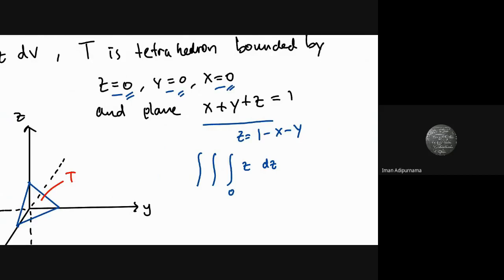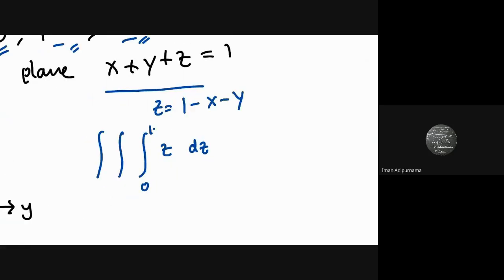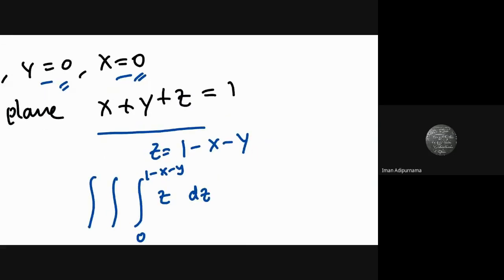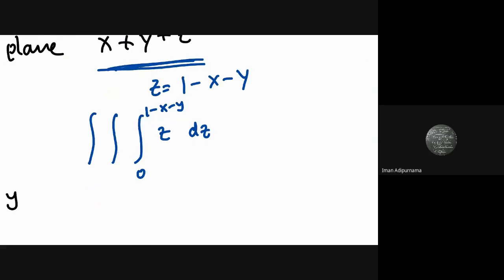And it will go to 1 minus x minus y. So that's for dz. Actually, you can start from dy, dx, dz because all is related to this plane equation, and you can switch x, y as you want, as long as you are correct.